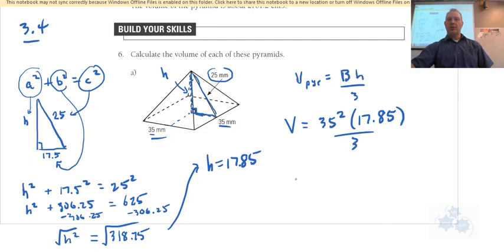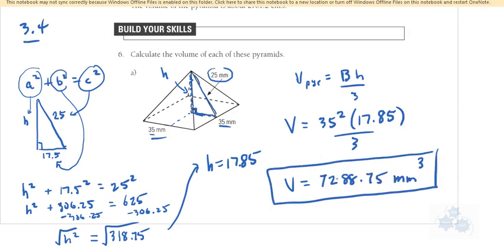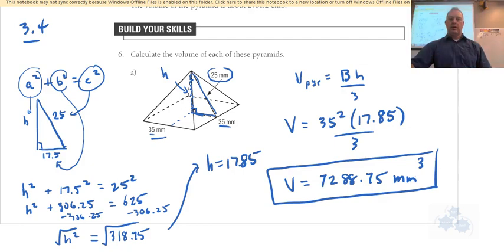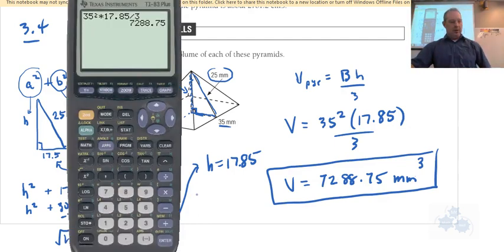And I'm going to divide that all by 3. So go ahead and get on your calculator and you can solve that. All right, so your calculator should tell you that that's about 7,288.75.